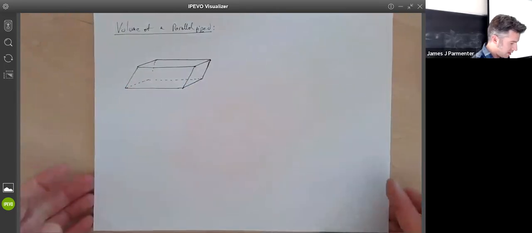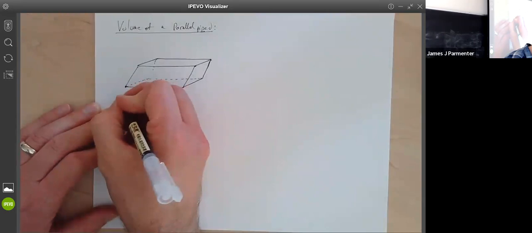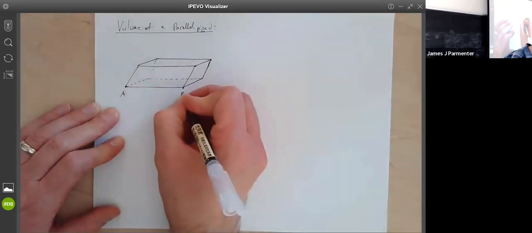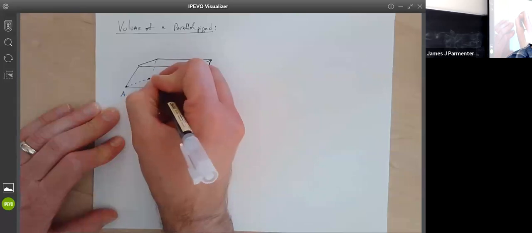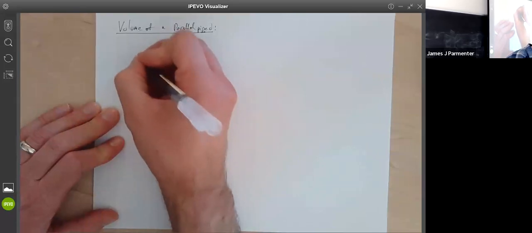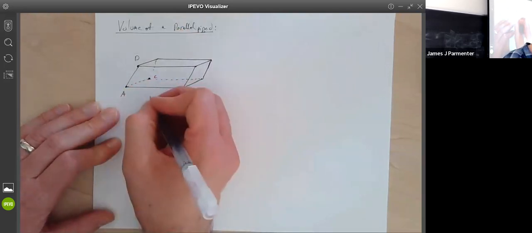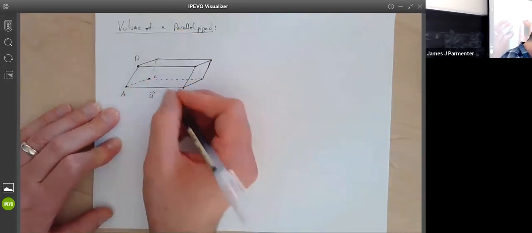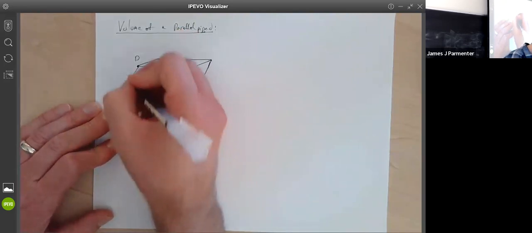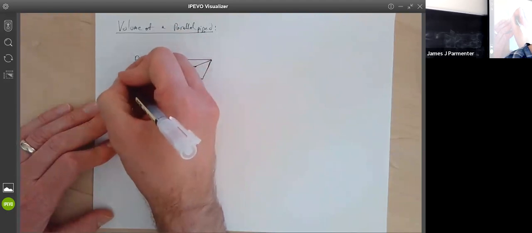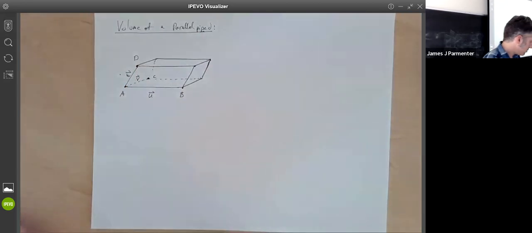So here's our parallelepiped. Let's call this corner A, this corner B, this corner back here C, and this corner up here D. We're going to call this vector from A to B u, this vector from A to C v, and this vector from A to D w.